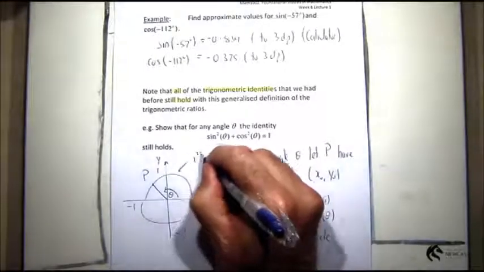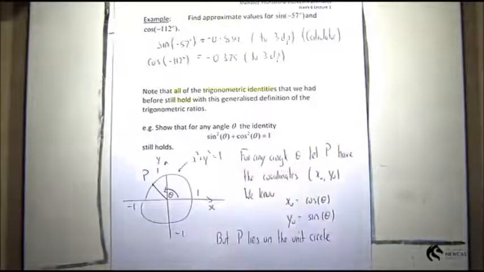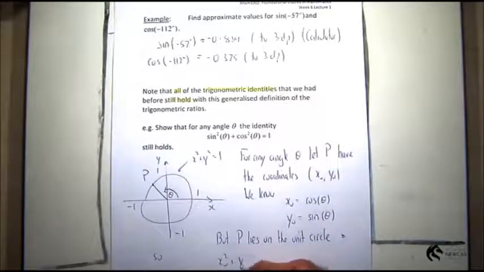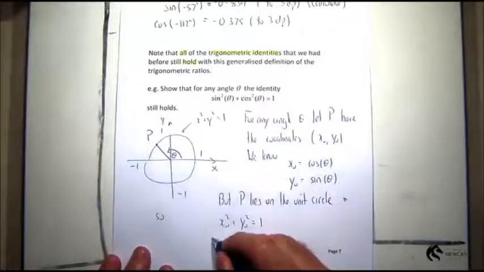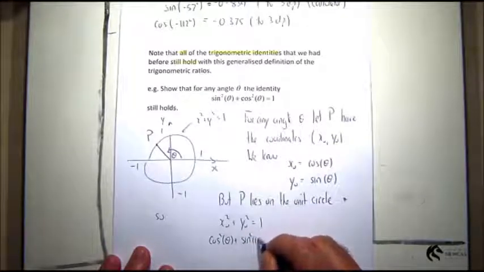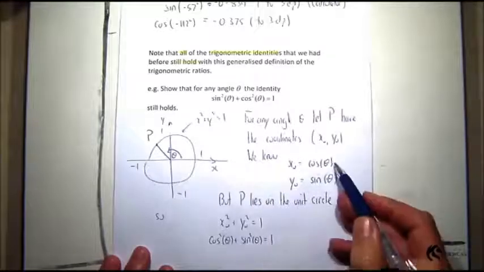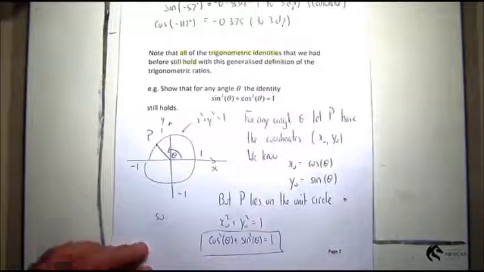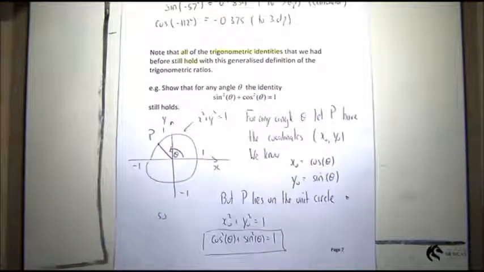It's x squared plus y squared is equal to 1. And so we know that x0 squared plus y0 squared must equal 1 because it satisfies the equation. That's what it means for a point to lie on that circle. And hence, cos squared theta plus sine squared theta must be equal to 1 because x0 is cos theta, y0 is sine theta. And so there is our trig identity, and it must hold for any angle, not just angles between 0 and 90.